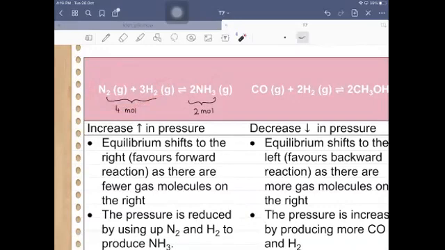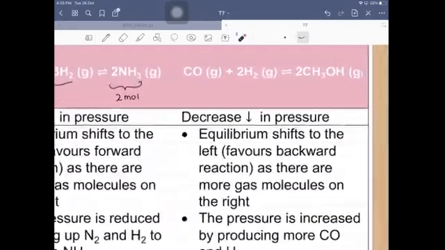The reason is because pressure is defined as the number of times your gas molecules collide with the walls of your container. So if you have fewer molecules, there are fewer collisions with the walls of the container, therefore lower pressure. This is what you have already learned in topic 4.